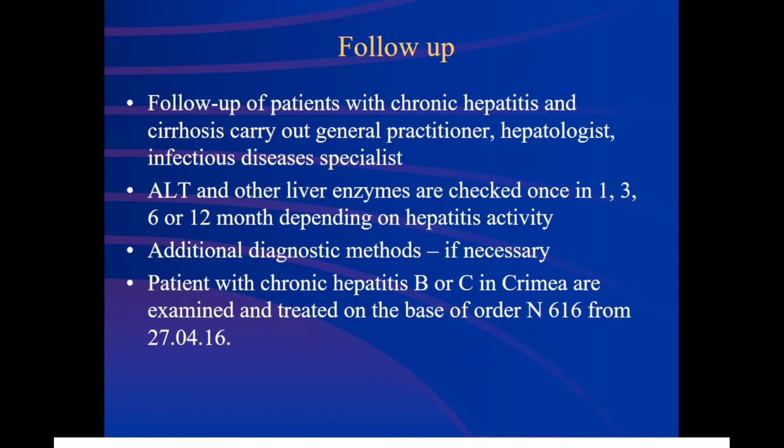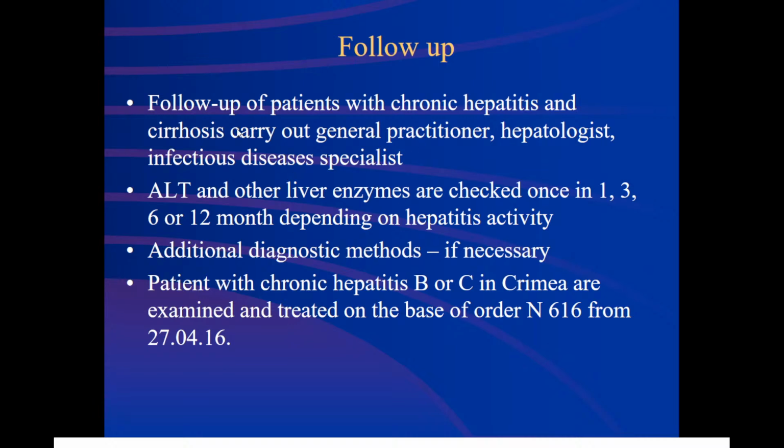Follow-up of patients with chronic hepatitis and cirrhosis is carried out by the general practitioner, hepatologist, and infectious disease specialist, depending on the origin of the disease. ALT and other liver enzymes are taken once in 1, 3, 6, or 12 months depending on hepatitis activity. Additional diagnostic methods are necessary. Patients with chronic hepatitis B or C in Crimea are examined and treated on the basis of order number 616 from 27.04.16.